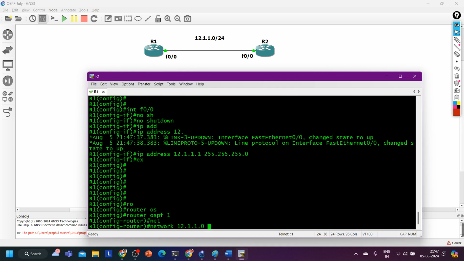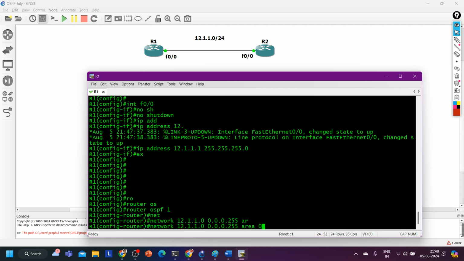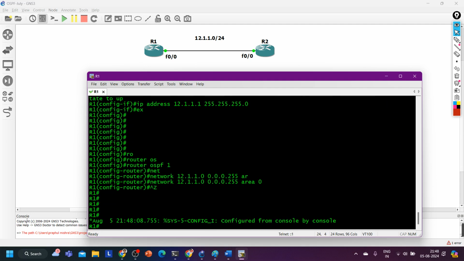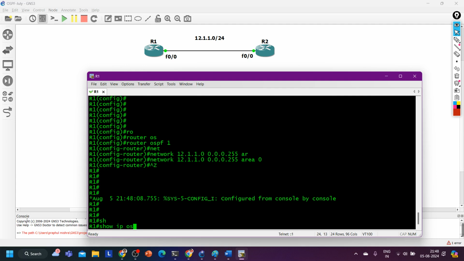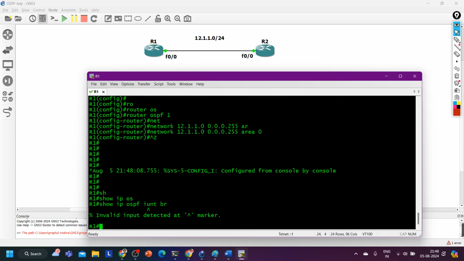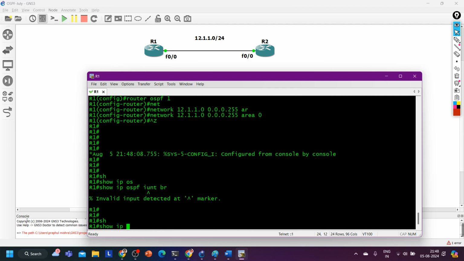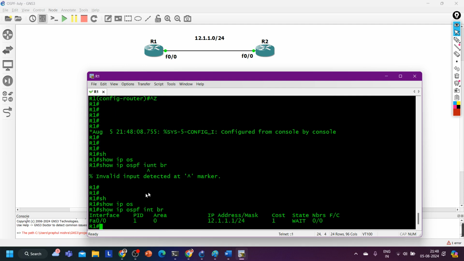So the wildcard mask will be what? 0.0.0.255, and then the area, in which area you are going to advertise it. So in area 0, let's say. Now show ip ospf interface brief.